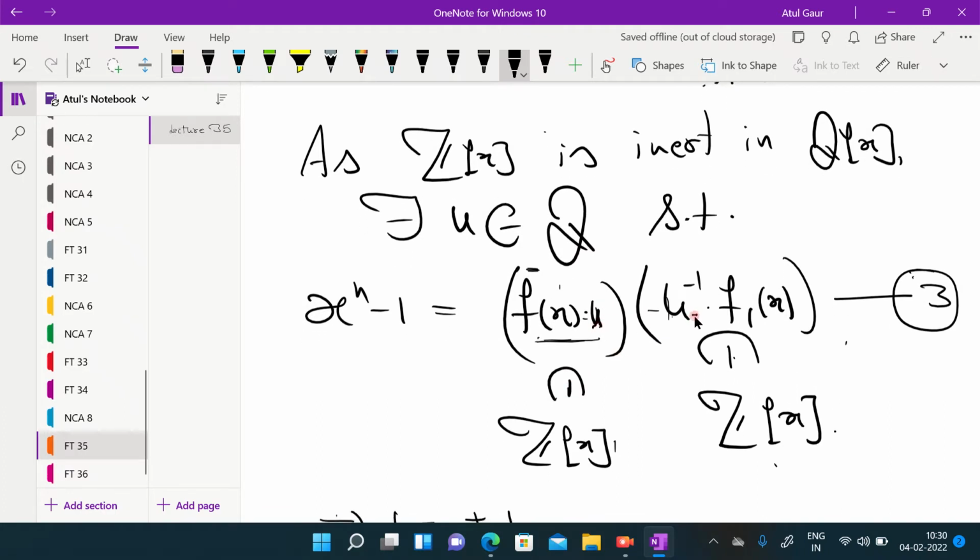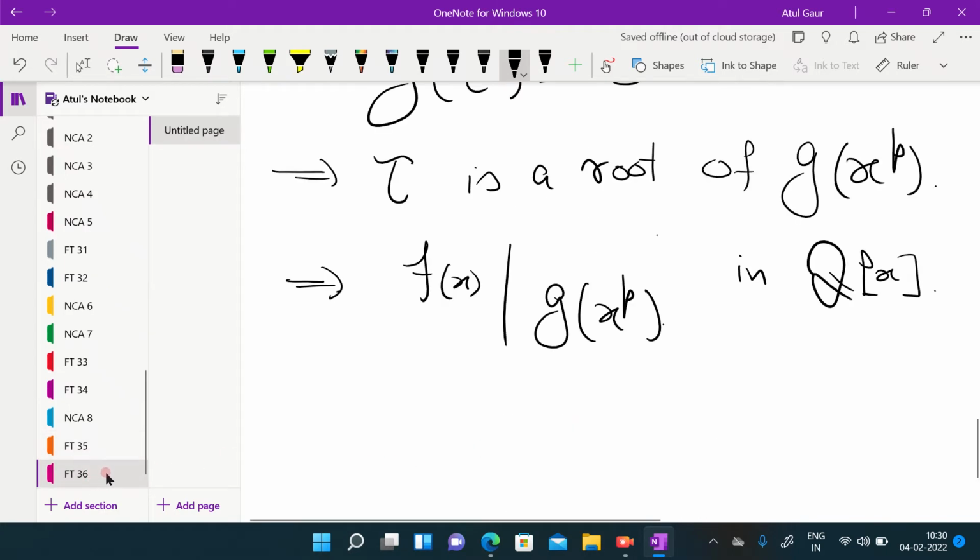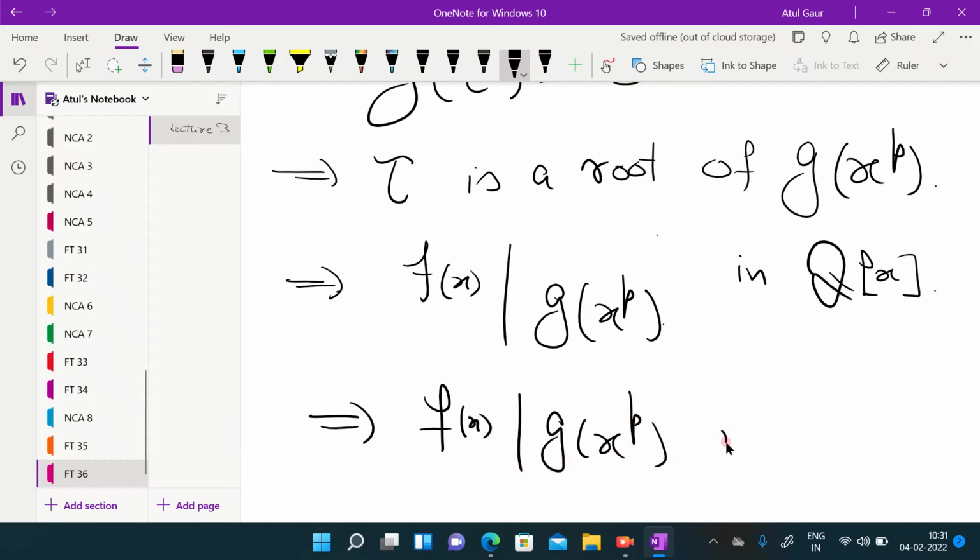That means this division will take place in Z[x], right? So f(x) divides x^n minus 1 in Q[x] implies f(x) divides x^n minus 1 in Z[x]. So if division is in Q then division will also be in Z. So f(x) divides g(x^p) in Z[x].